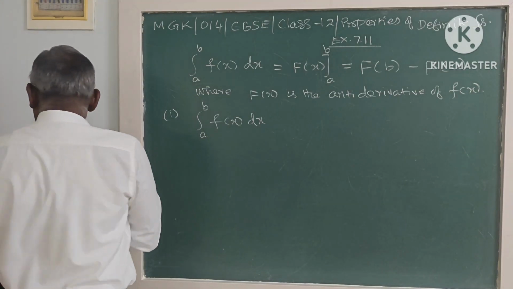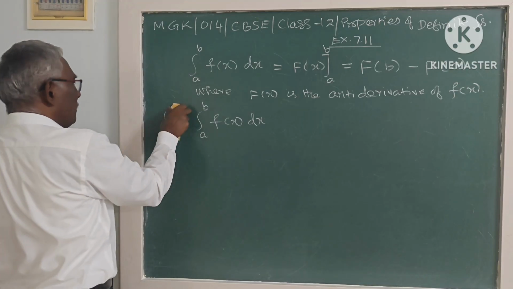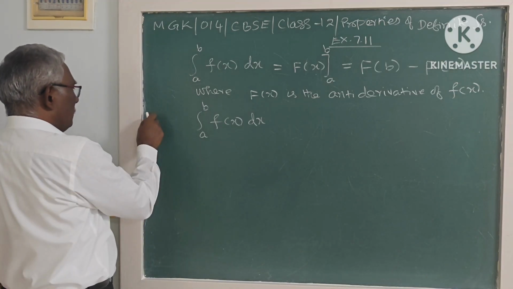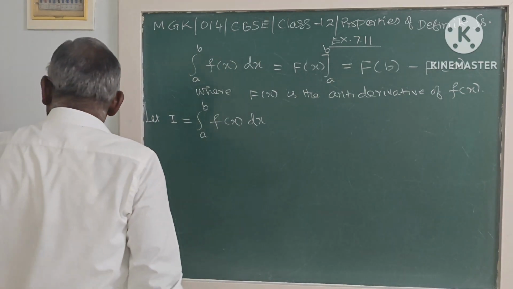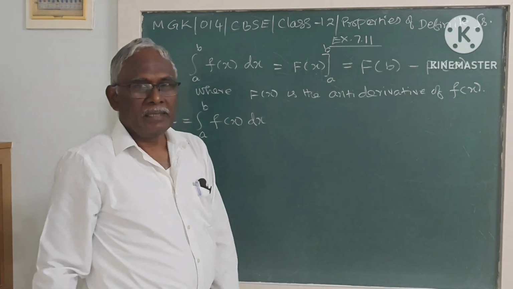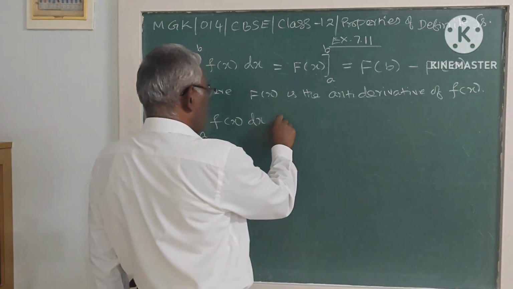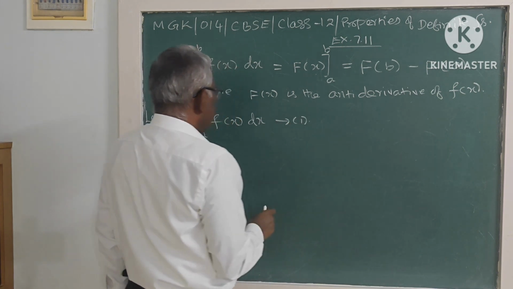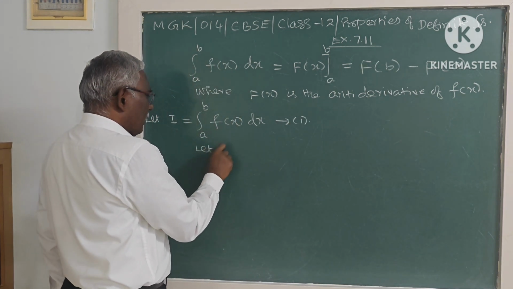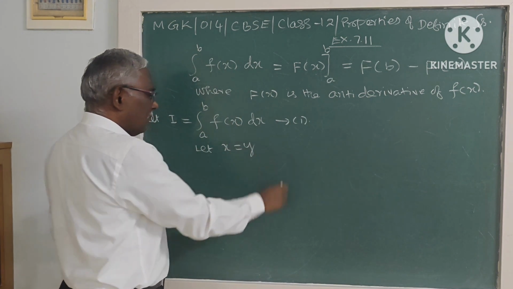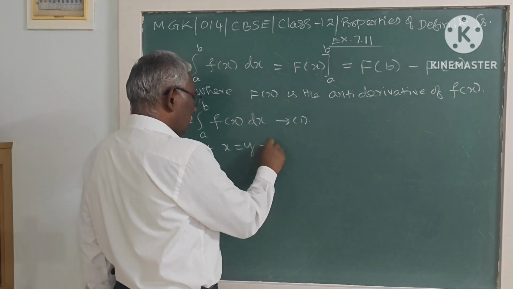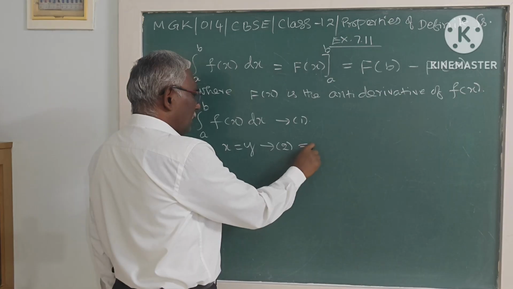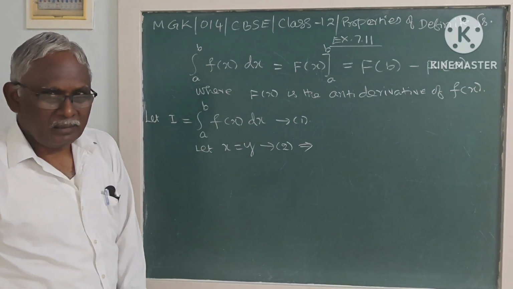Or we can also derive this. Let I equal integral a to b f of x dx. We call this 1. Let x equal y. We are taking x equal to y. This gives dx equals dy.